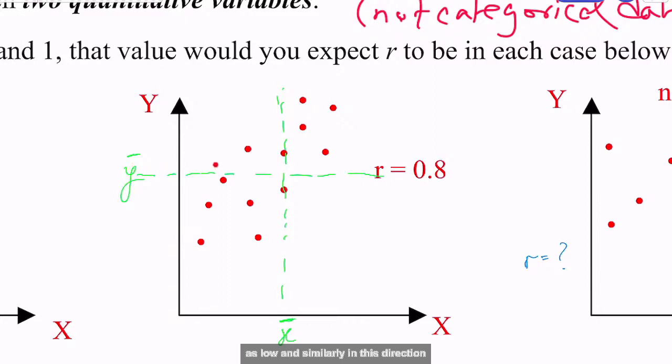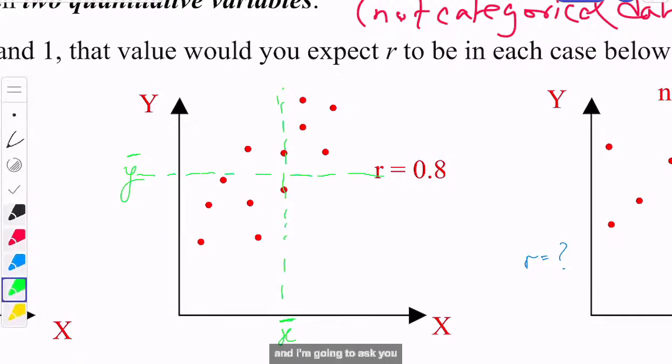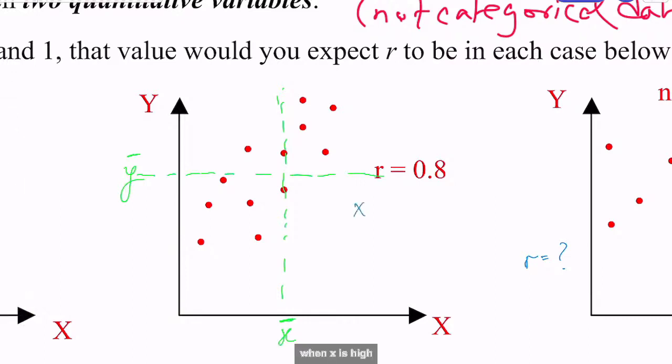And similarly in this direction, I'm going to refer to the region above the mean of y bar as high and below the mean of y bar as low. And I'm going to ask you, when X is high, where is Y? Is Y high or low? Where does Y tend to be?